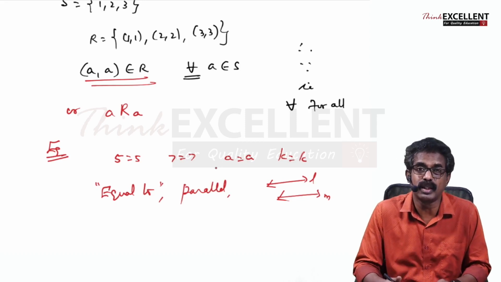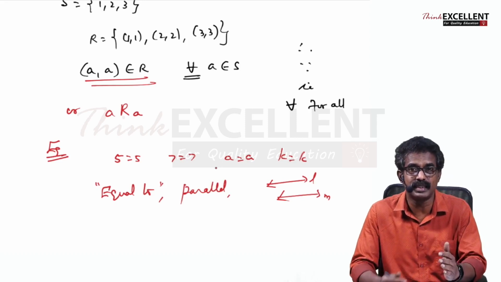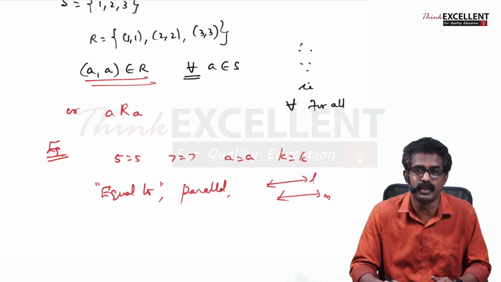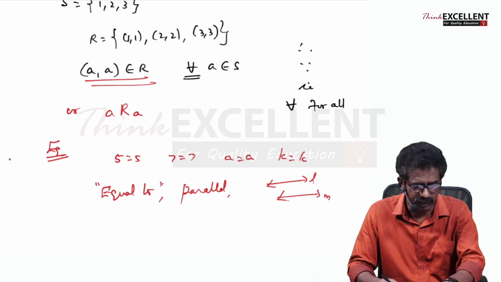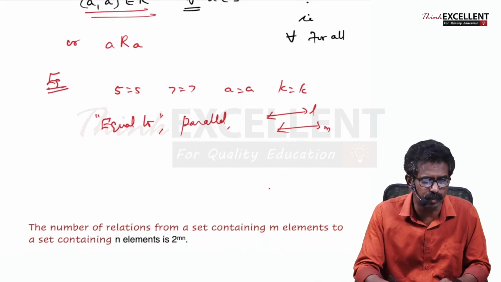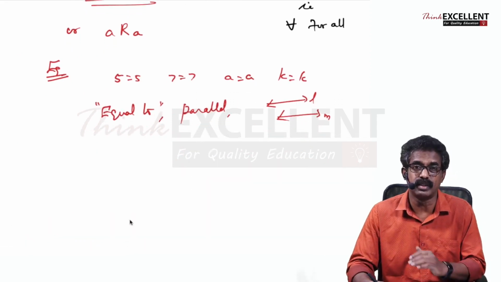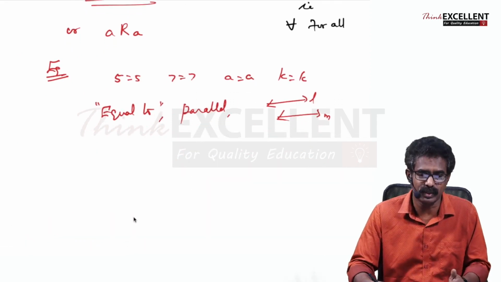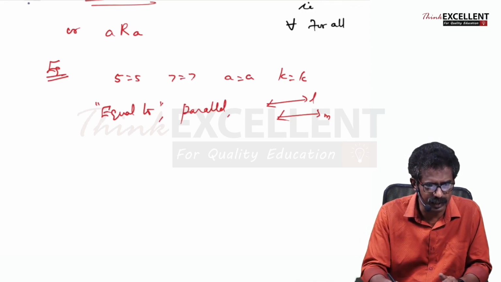Then congruent you can say in case of triangles. Then subset. A set is a subset of itself. So these are all examples for reflexive relation. And you must know examples for non-reflexive also. Someday they will ask a question like this: give a relation which is reflexive or which is not reflexive. Now let us go for the second relation, that is called symmetric.